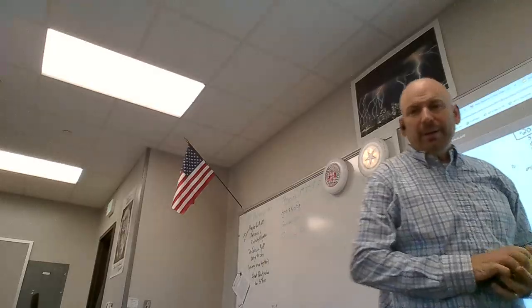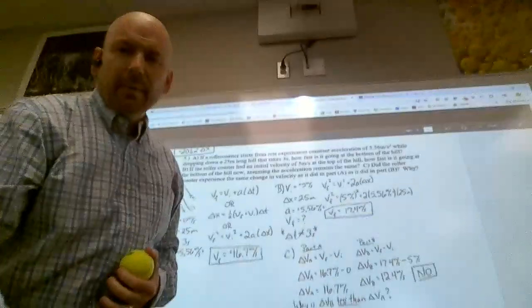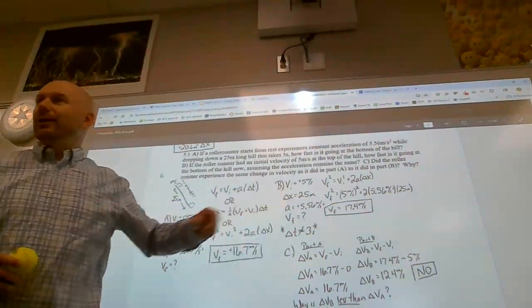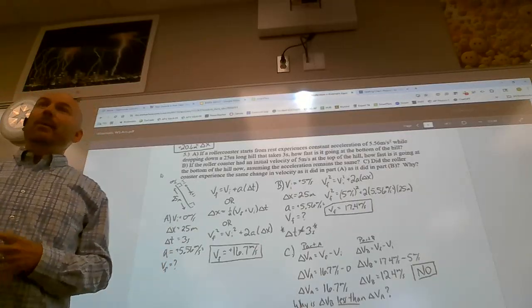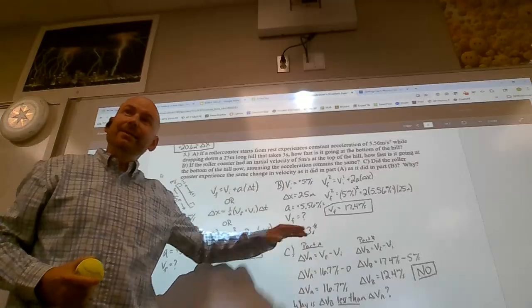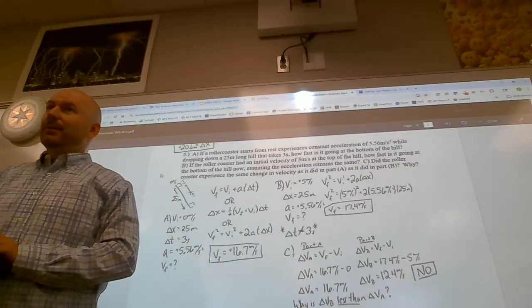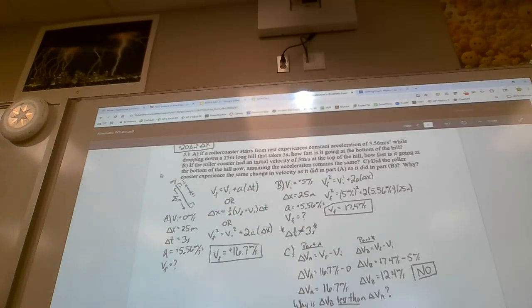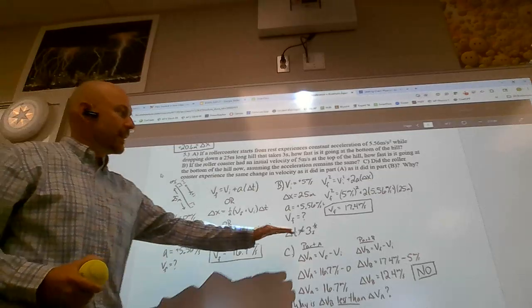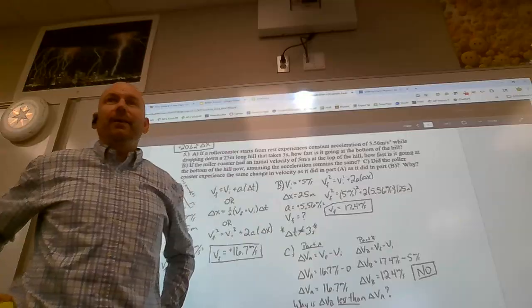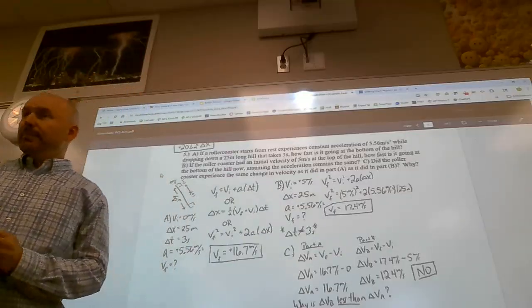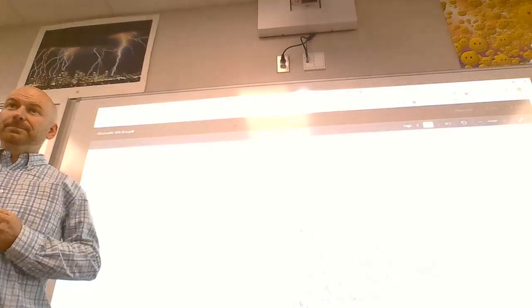It had a running head start, just like part B. Therefore, it wins, which means it spends less than 3 seconds. So you can't use 3 seconds for part B. So you had to use a kinematic equation that does not have time. Good with that?